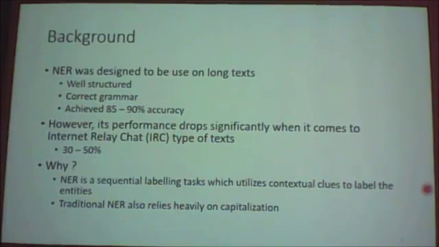Thus, for these kinds of documents, the NER system has already achieved 85% to 90% accuracy. However, when traditional NER systems are applied onto microblog text, or what we call microtext, which is kind of like SMS, those short texts, accuracy drops to 30 to 50%.